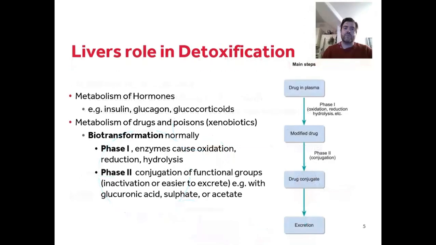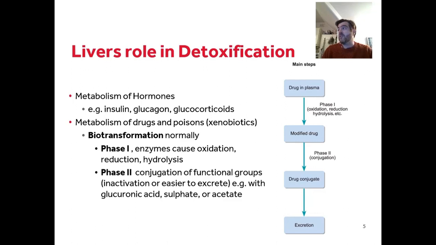And talking of protein metabolism and detoxification of ammonia brings us to the liver's role in detoxification processes.